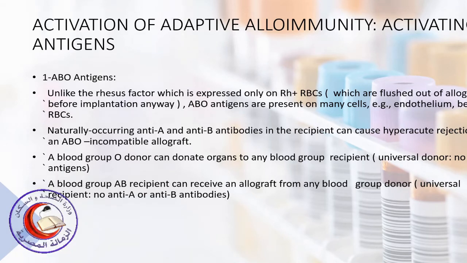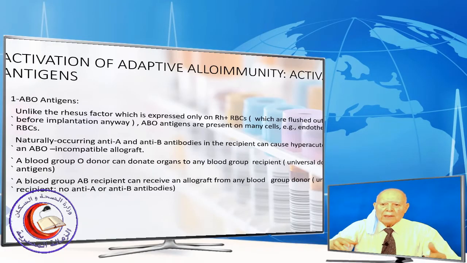By naturally occurring, we mean that they are present without having previously encountered the corresponding antigen. So naturally occurring anti-A and anti-B antibodies in the recipient can cause hyperacute rejection of an ABO incompatible allograft. We're going to talk about rejection in a little while. Hyperacute rejection is a type of rejection.